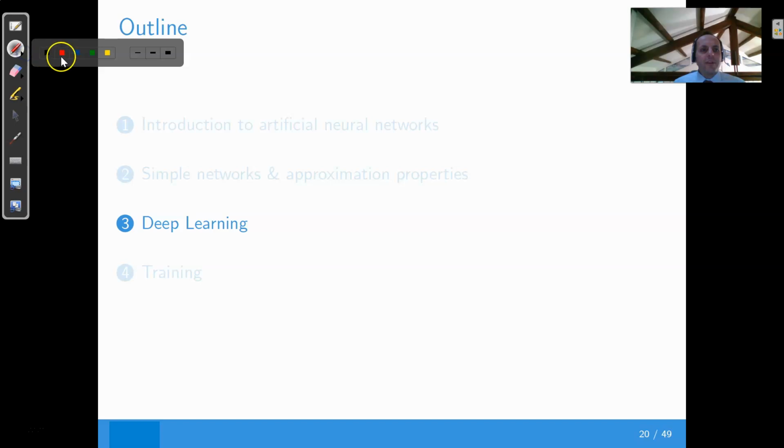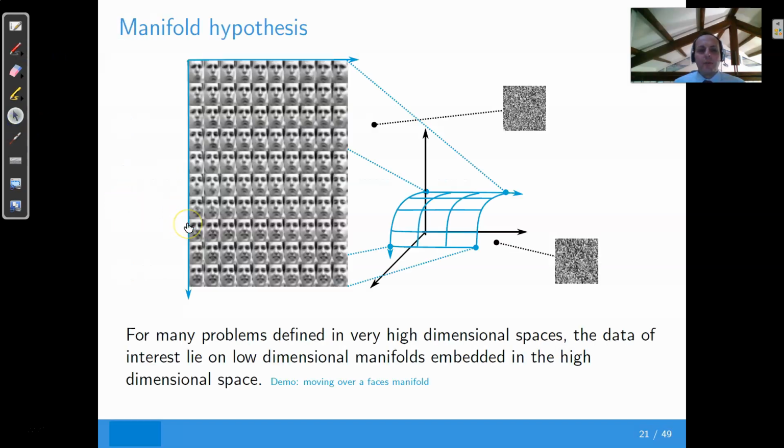So normally image processing is used in connection with deep learning, and in fact, as you can see here, this is just a graphical interpretation that when you want to reduce the dimensionality of your problem, for many problems defined in a very high dimensional space, which is represented here as a collection of many images, the data are transformed into a lower dimensional manifold, which is represented here.